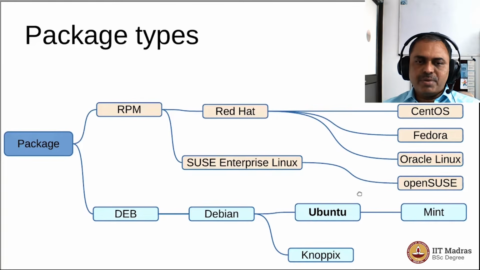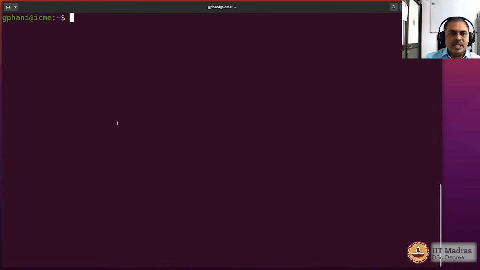Let us check what type of an operating system we have on the desktop that we are using. I would just open the shell to check what that is. Let us see what type of an operating system we have.